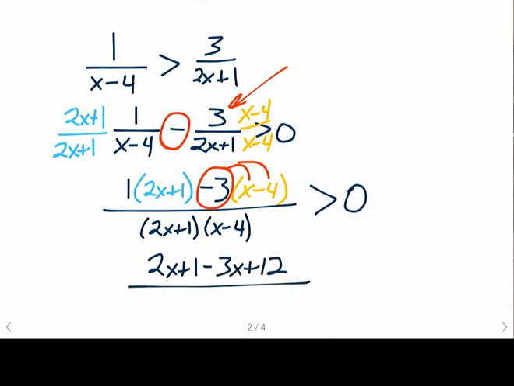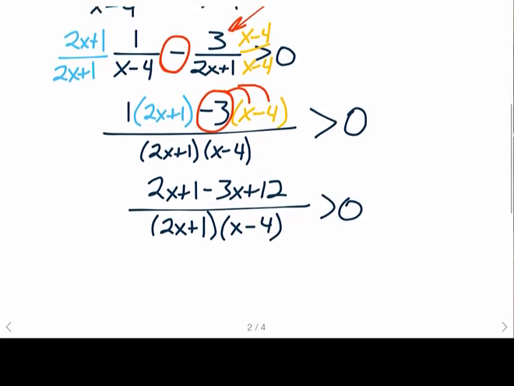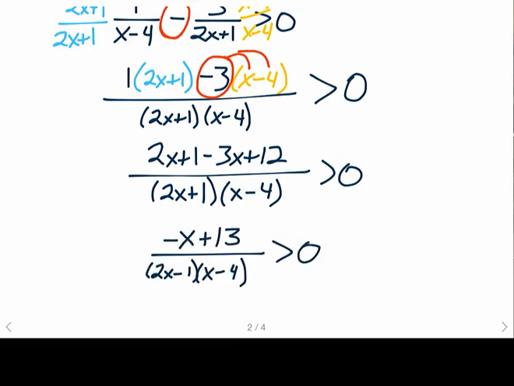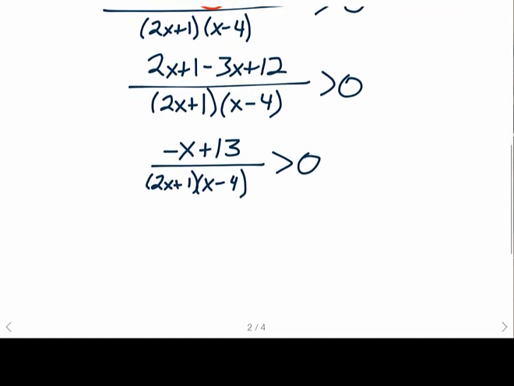And then the denominator, we said we were looking for the zeros of the numerator and the denominator, so we might as well leave it factored, 2x plus 1 times x minus 4. And then that's greater than 0. And then finally, collecting like terms, we get negative x plus 13 over 2x plus 1 times x minus 4.